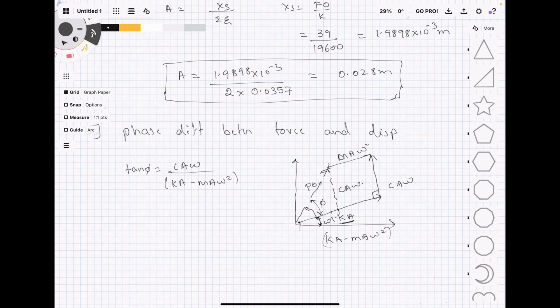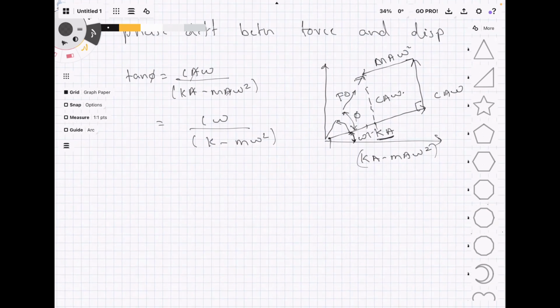If I take a as a common term, it gets cancelled. So we get c omega divided by k minus m omega square. If I take k common in both numerator and denominator, we get c omega by k divided by 1 minus omega square upon omega n square.